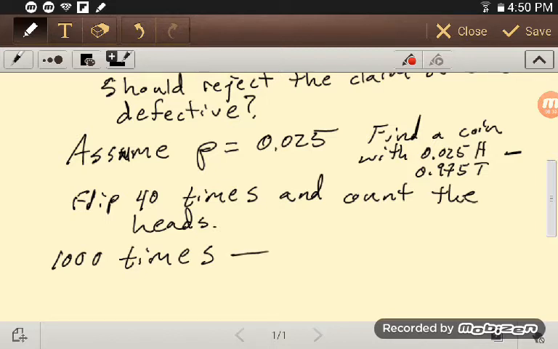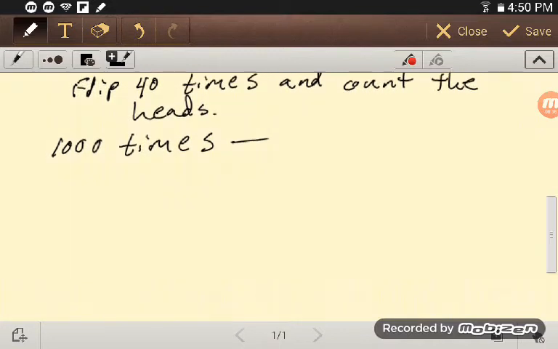Okay, and here's maybe what we find. 0 heads, that would be a nice thing, that would be no defects in our batch of 40.